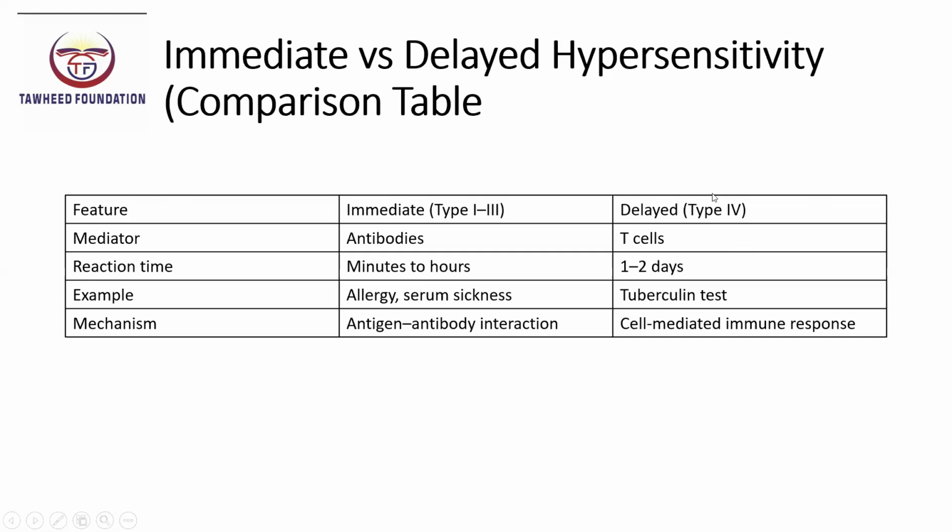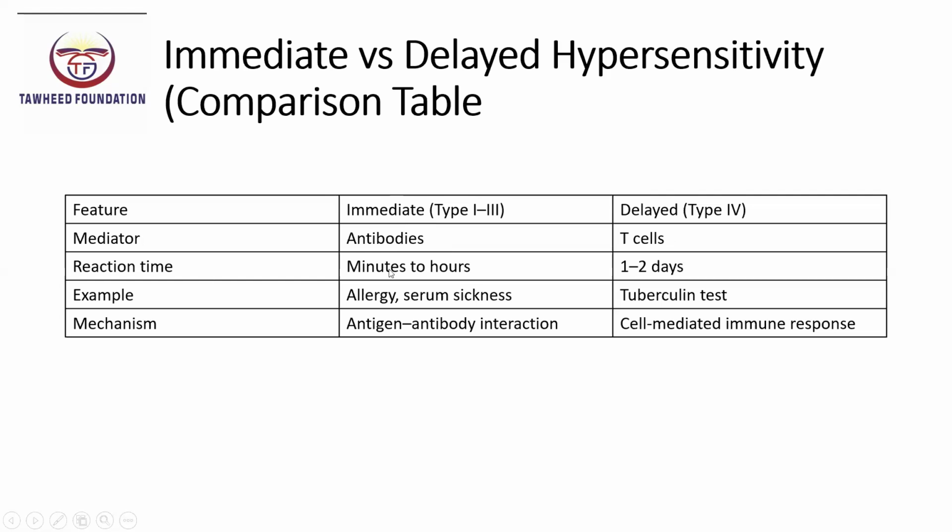So, what we can see, this is a comparison table between immediate and delayed type of hypersensitivity. Its features include mediator, reaction time, example, and mechanisms. Mediator of immediate hypersensitivity is antibodies, and for delayed type, it is T cells.